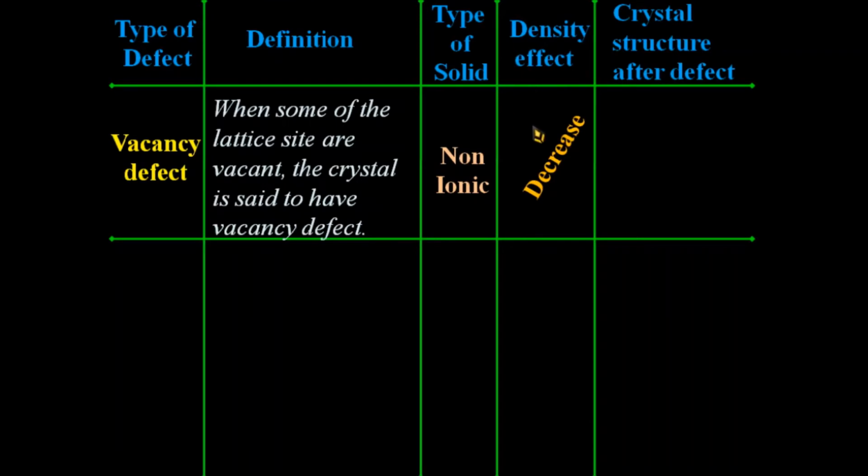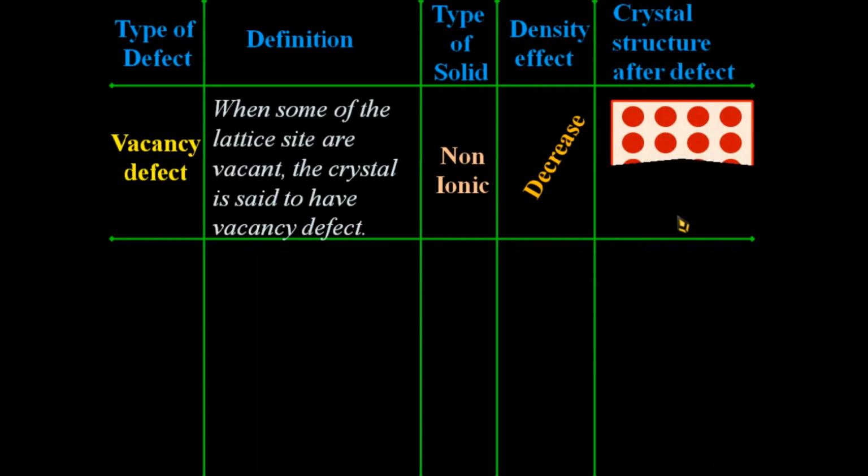Density of the solid decreases. The reason is that some of the lattice sites are vacant, that is, the mass decreases but the volume is the same, so density decreases.